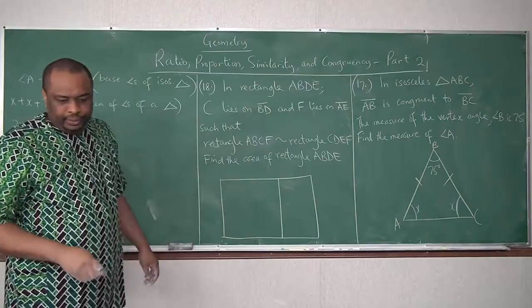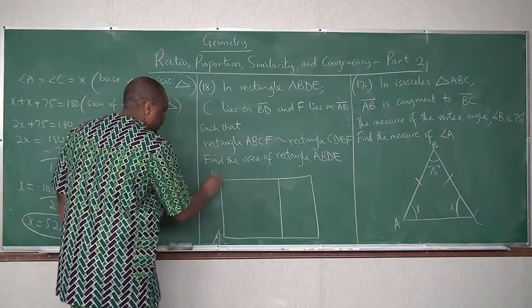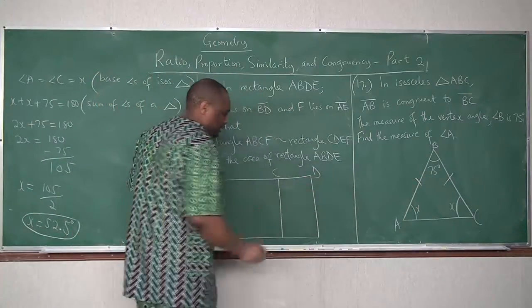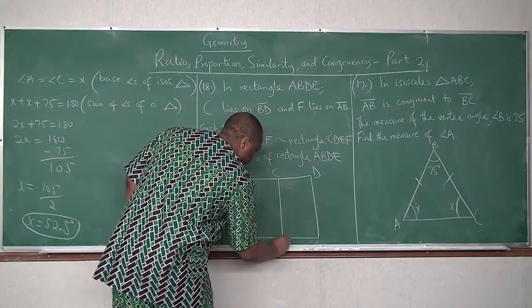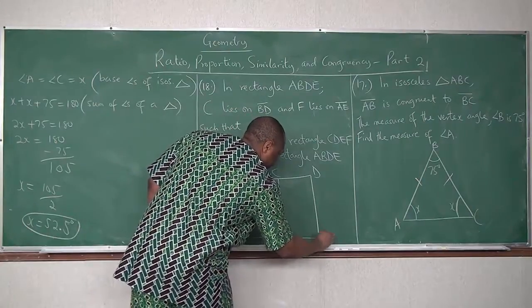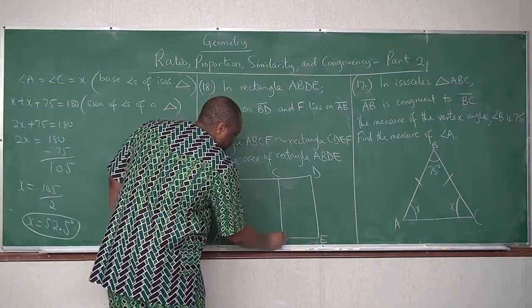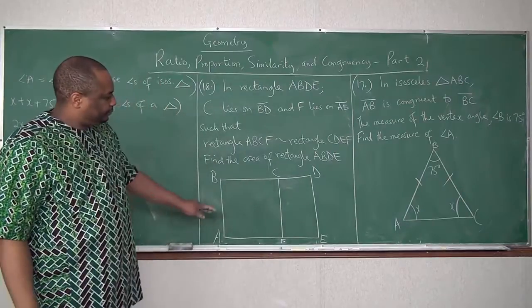Okay. So this is A, B, C, D, F, E. This is F, and this is E. I hope you can see it. Okay?